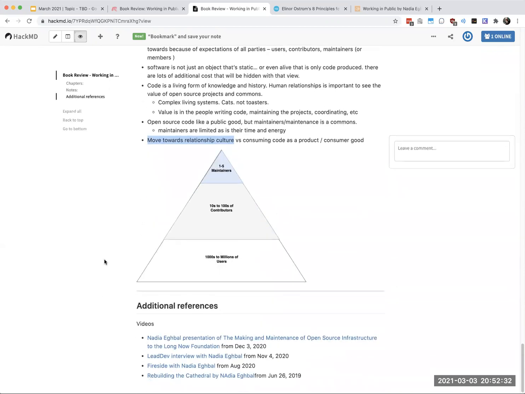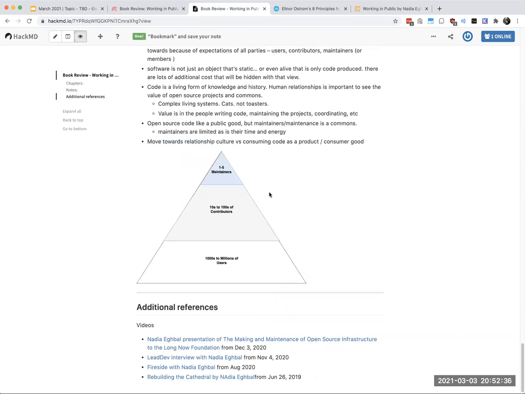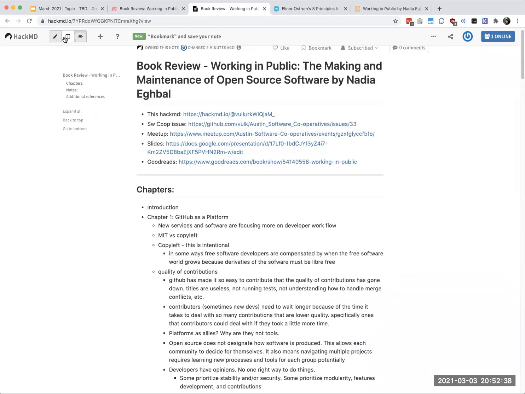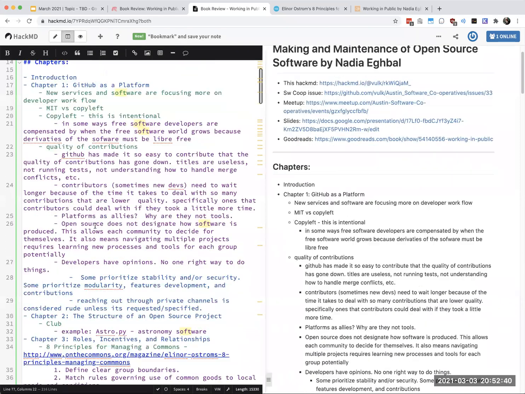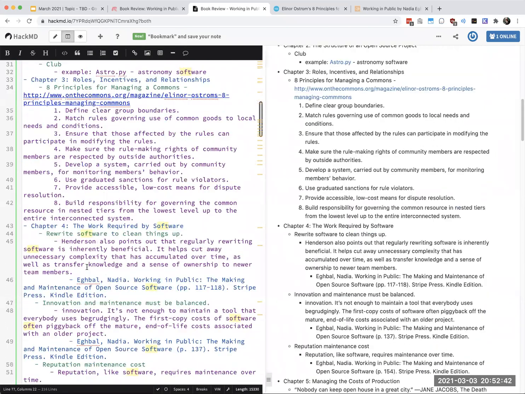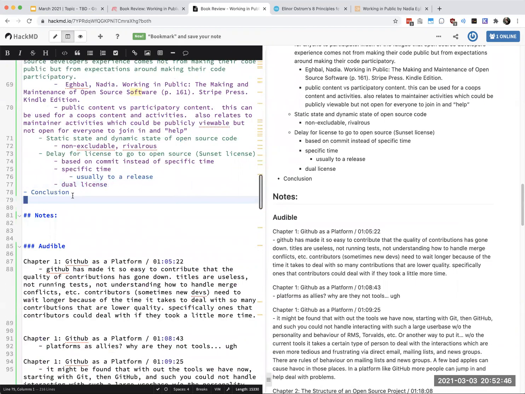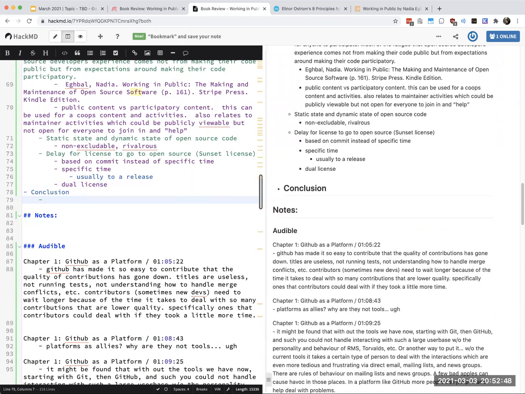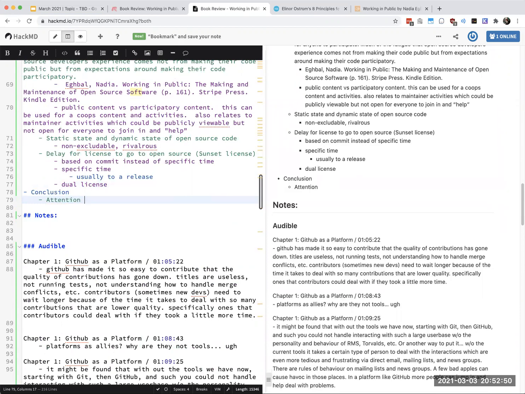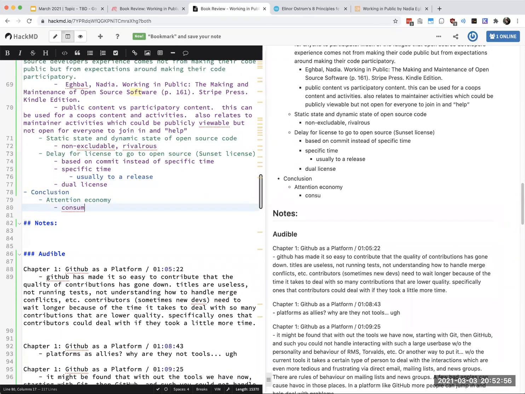So for the conclusion, Watson, what do you have? Here's a thing that I think kind of sums it up. When people talk about the attention economy, they're usually referring to the consumer's limited attention. But a producer's limited attention is just as important to consider.